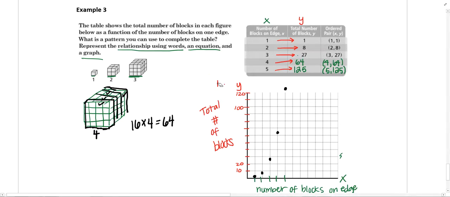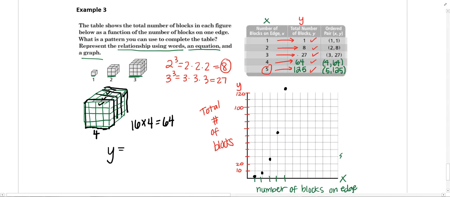Okay. 2 cubed is 2 times 2 times 2. 2 times 2 is 4. 4 times 2 is 8. 3 cubed is 3 times 3 times 3, gives you 27. So that's what these numbers are. They're cubes. So 5 cubed, which is 5 times 5 times 5, is 125. 4 cubed is 64. Okay, so that helps us with an equation.